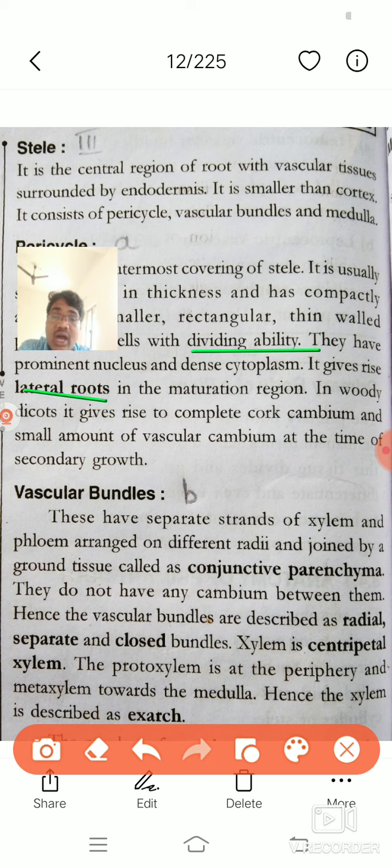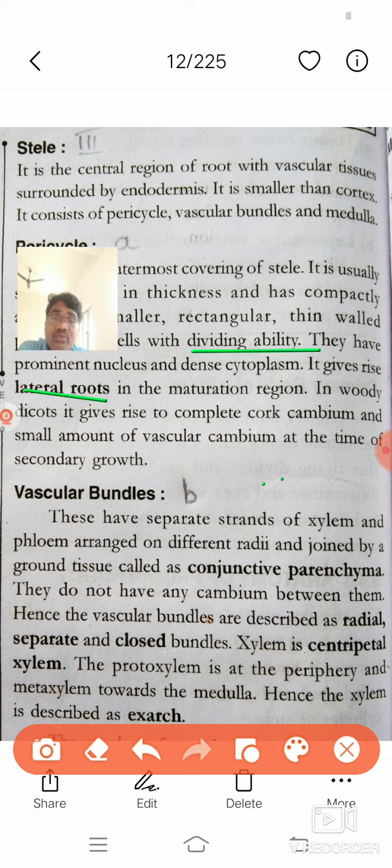They do not have any cambium between the xylem and phloem. In between the xylem and phloem, the cambium is absent. That's why this type of vascular bundle is called a closed vascular bundle. Without any cambium between the xylem and phloem, it is called a closed vascular bundle.